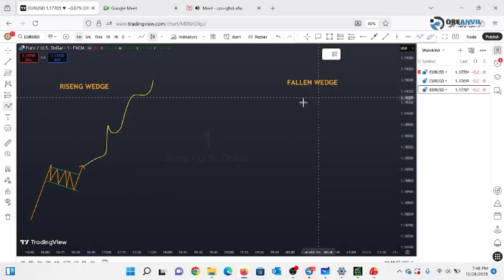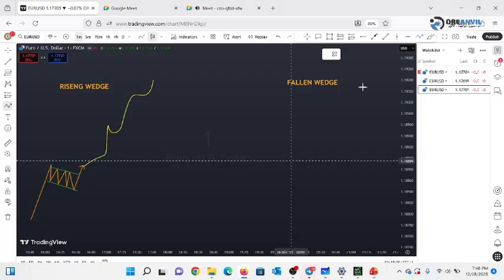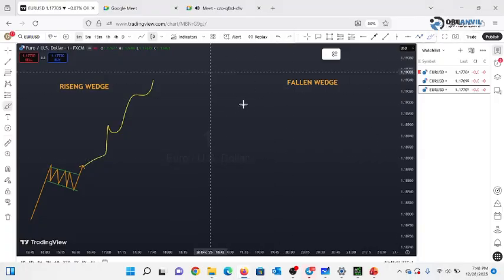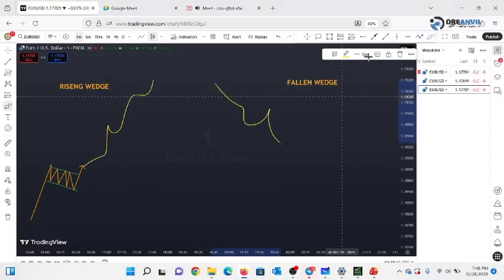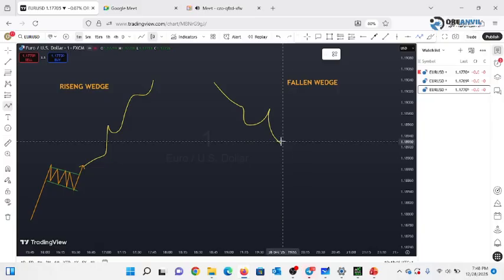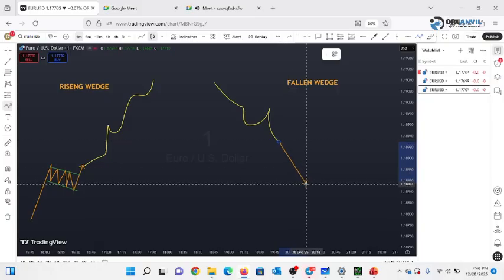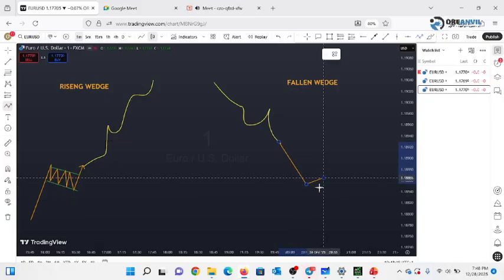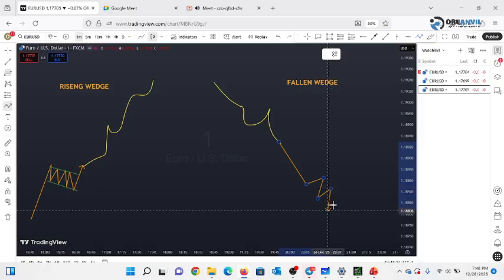And how do you trade the opposite? When the market is coming to the downside, let's say the trend is coming to the downside, and you have this falling wedge.